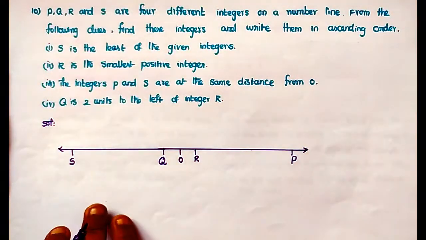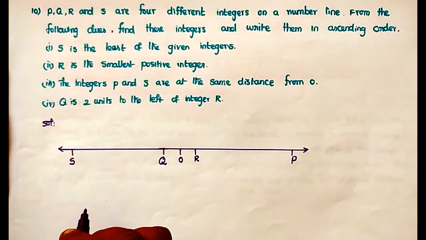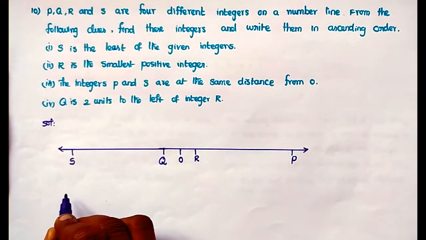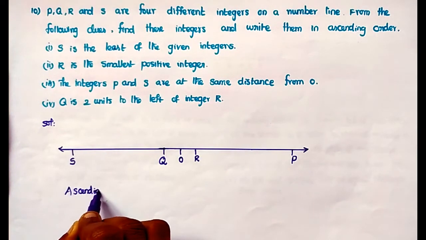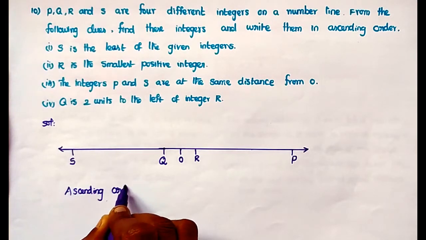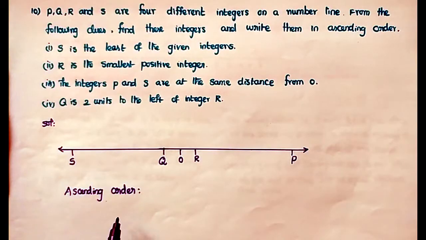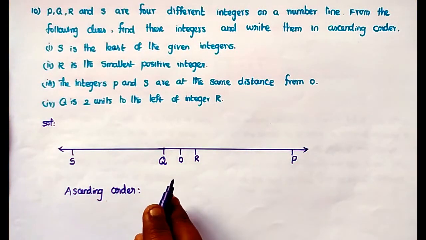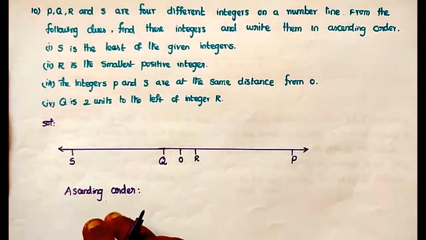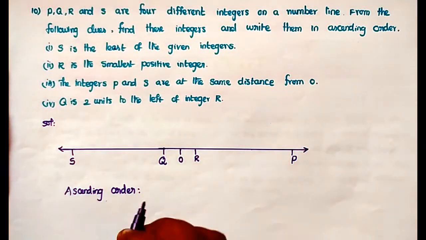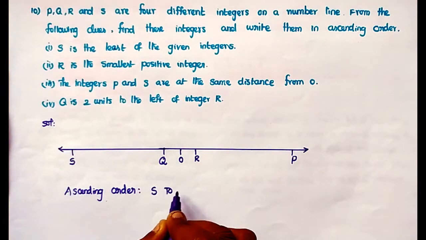Now, write down the ascending order. Which one is greater one here? P is the greater number, and ascending order means small to big.